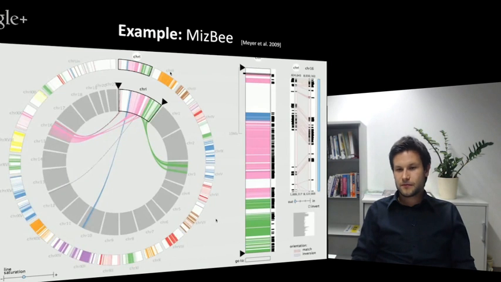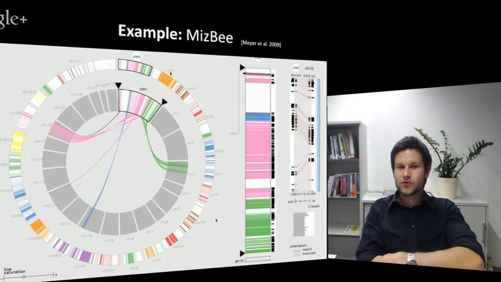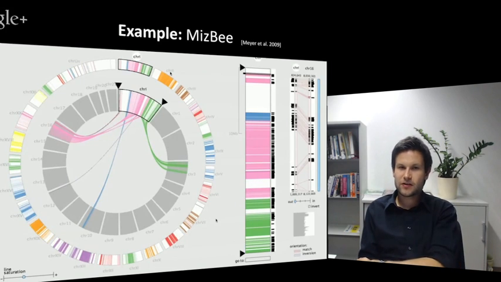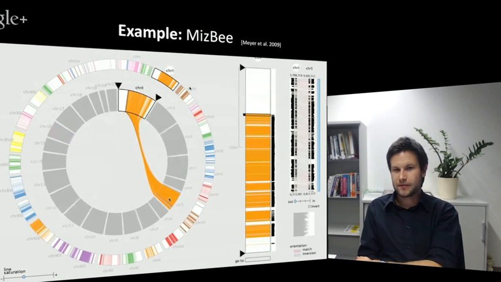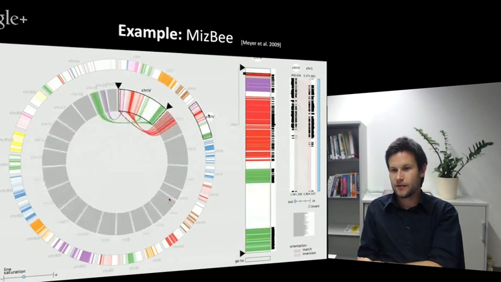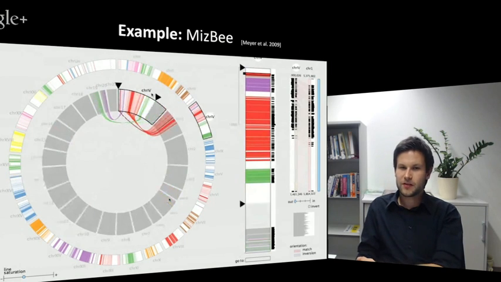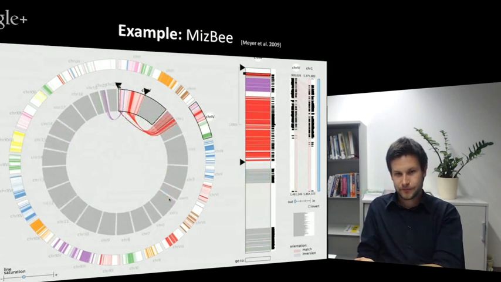And this was the example that I was showing in one of the previous lectures. It's called MISB, work by a PhD student who used to work in the group of Hans-Peter Pfister, who is giving the visualization course at Harvard.